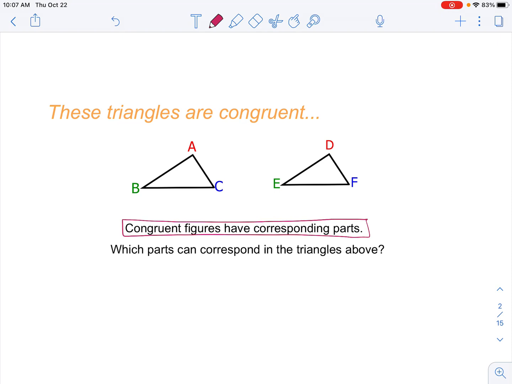So if I were to take a scissor and cut this triangle off and place it directly on top of this other triangle, what vertex points would match up?